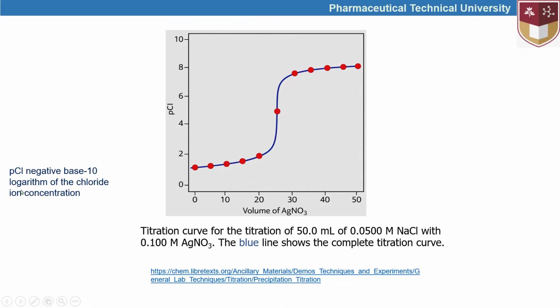Chloride ion concentration, base 10 minus logarithm. So here, as we witnessed the jumps in the pH value of acid-base, strong acid and strong base reactions, here we can see this kind of jump in the precipitate concentration.